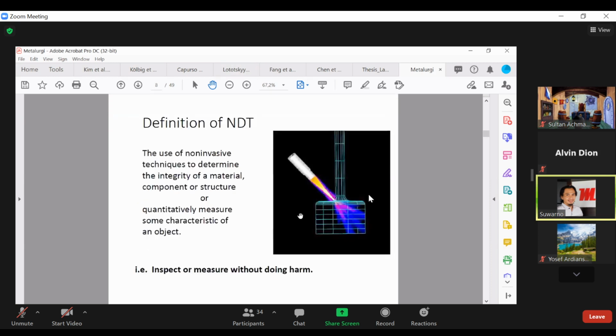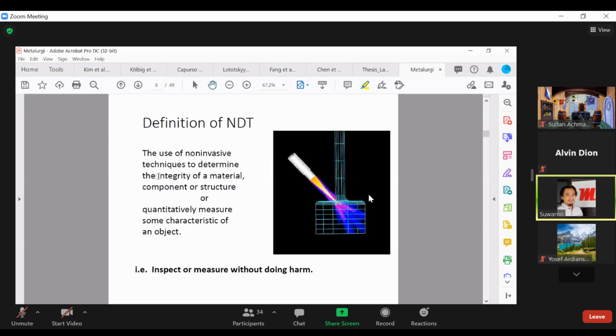And what they call NDT, of course, from the word, this is a non-invasive technique. So it means that you're not doing destruction on the sample, and it does not change the integrity of the material.